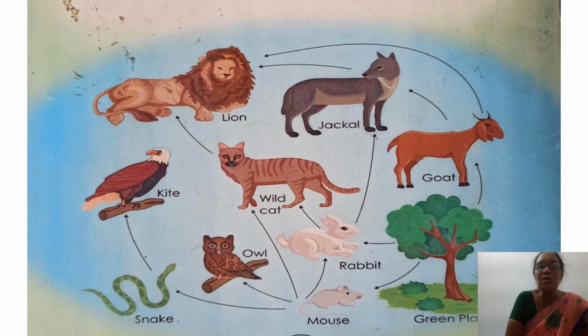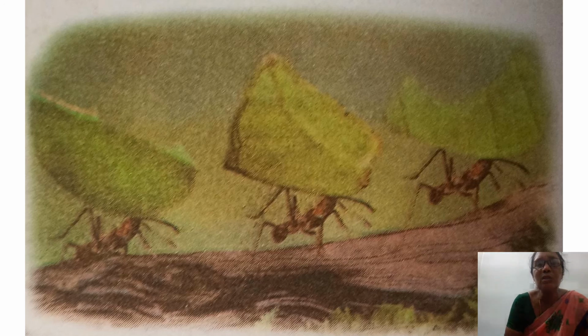That way we are living on this planet. If we don't eat another animal, if we don't eat another plant, we can't live. Balance in nature cannot be maintained. Do we go for the next picture?